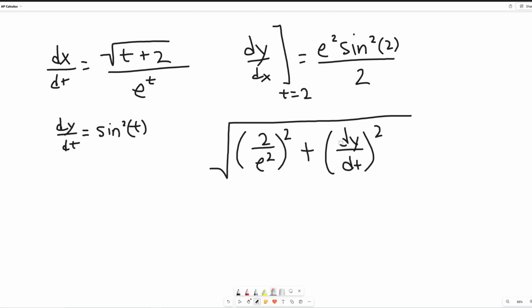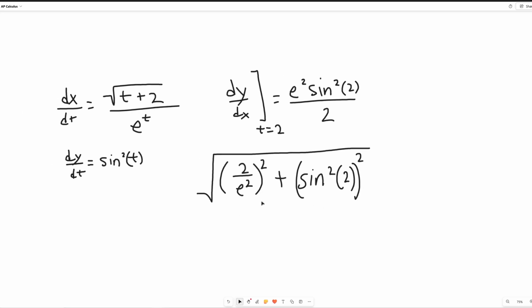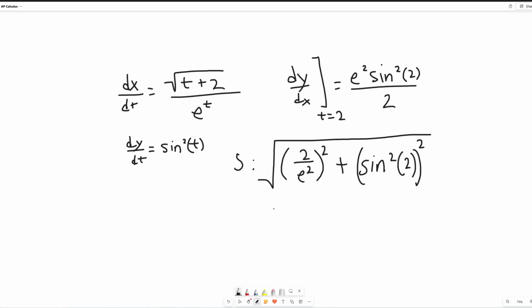And then our dy/dt is going to be sine squared of 2. This is a question you need a calculator for, and I'm not going to calculate. I'm going to leave it like this. But on the actual AP test, you need to put this in decimal form, otherwise they could take a point off. So this is our speed at t equals 4.